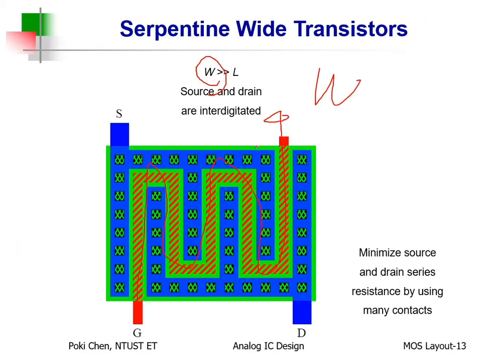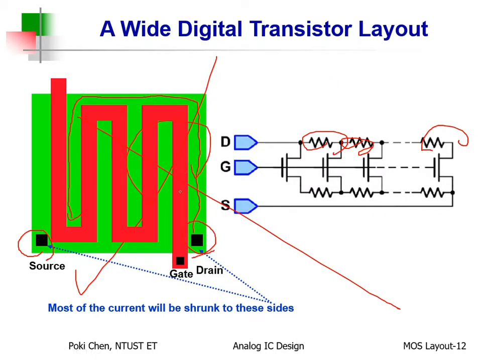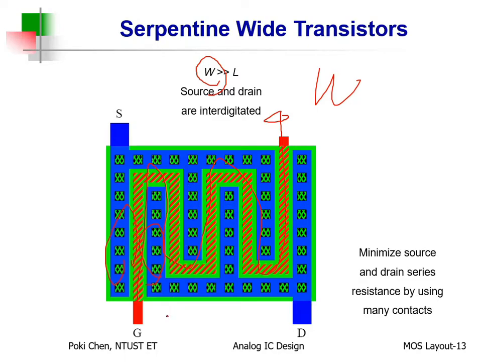However, we have as many contacts here or there as possible, I mean for source and drain. We have as many contacts as possible to reduce the parasitic resistance.